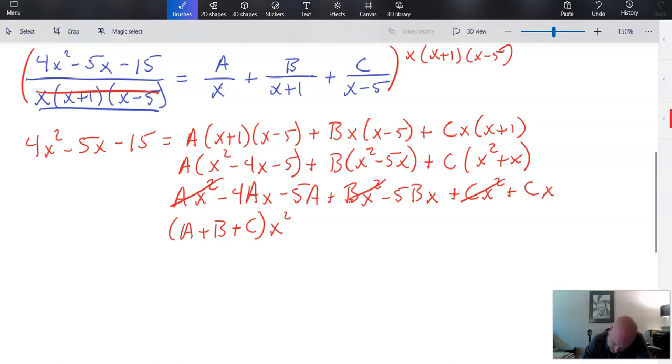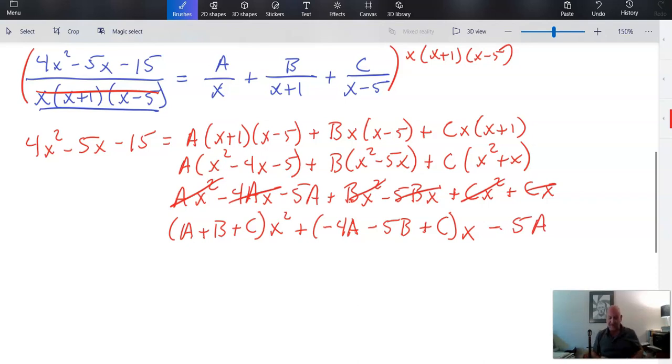So plus, see, I have minus 4a. That's for this one. That's done. Minus 5b. That's for that one. That's done. Plus c. And all of those were x's. And now I need my constant term, and I've used all these up here, so all I have for my constant is now minus 5a. Whew, boy, that's some work there.